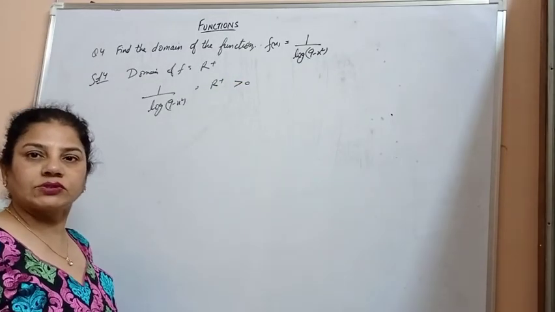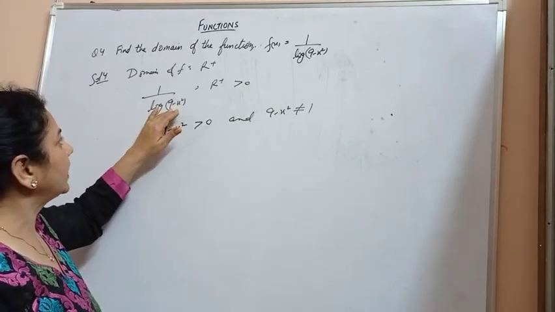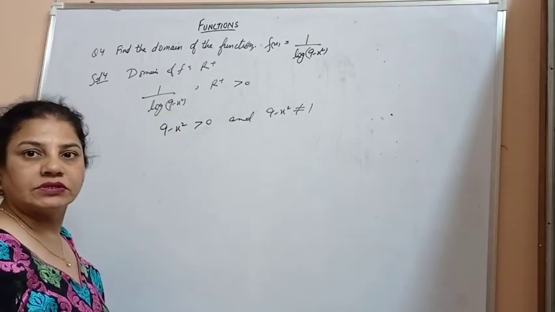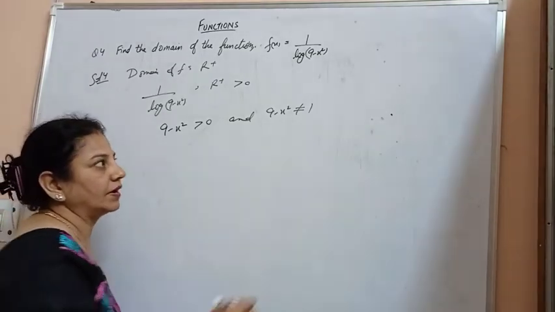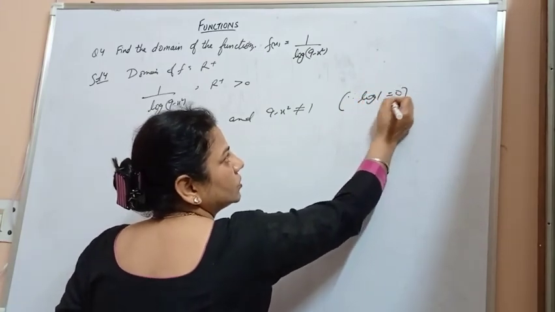So 9 minus x square is greater than 0. And 9 minus x square should not be equal to 1, because if 9 minus x square becomes 1, then we get the denominator as log 1, which is equal to 0. So 1 upon 0 is not defined.